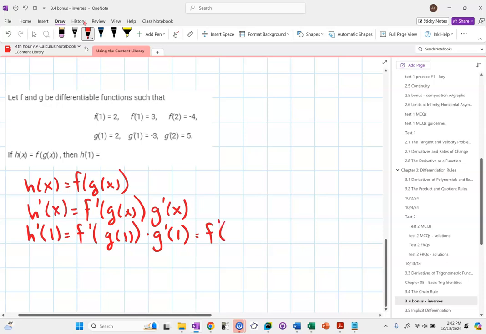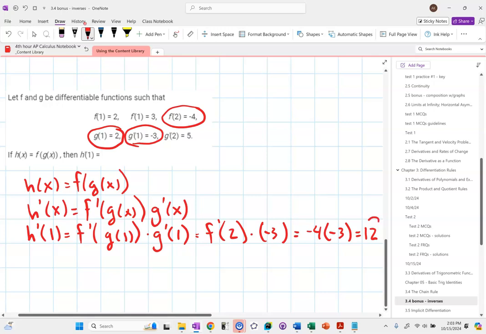Well, g of 1 I know, that's 2. G prime of 1 I know, that's negative 3. And then f prime of 2 I know, that's negative 4. So I get 12. What'd you guys think? No big deal, right?